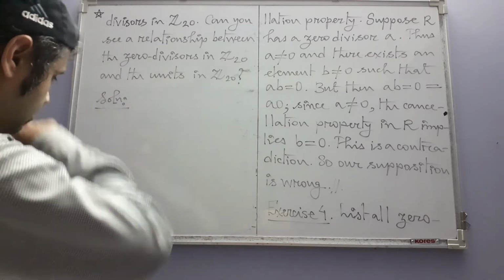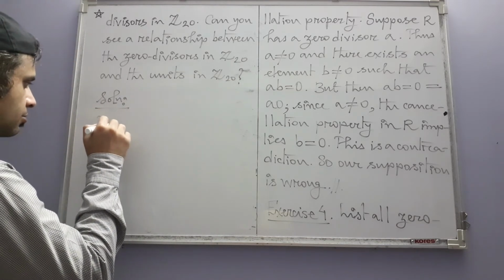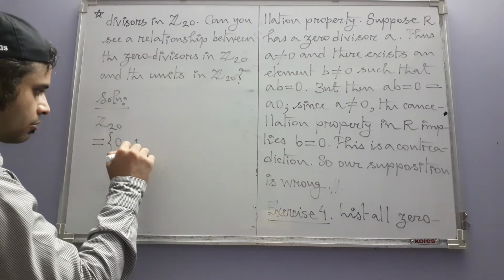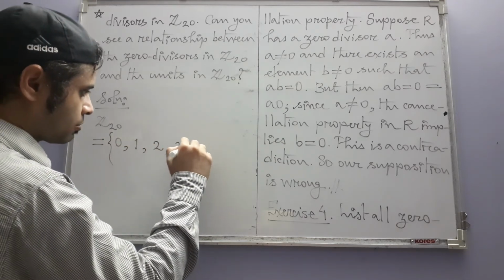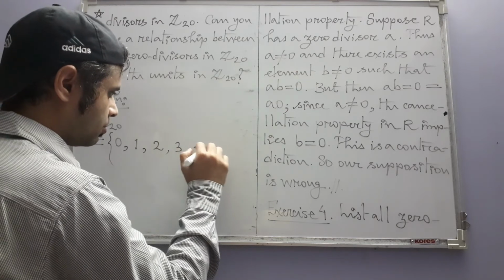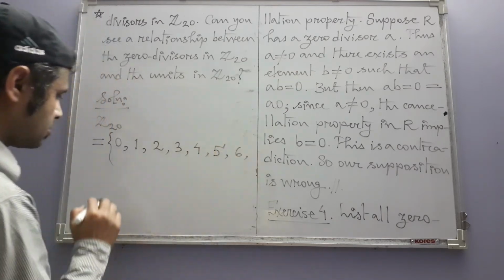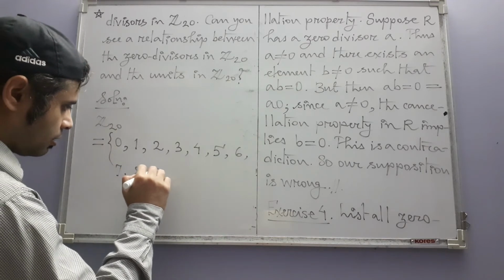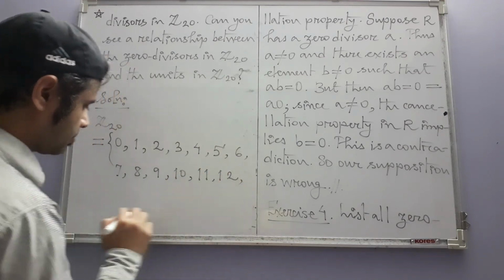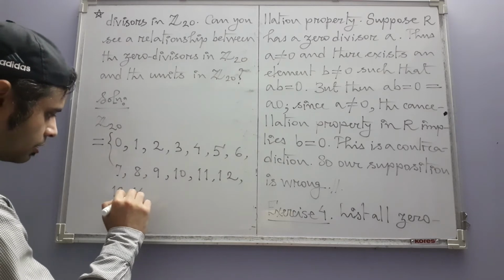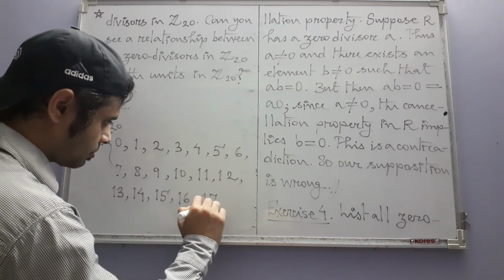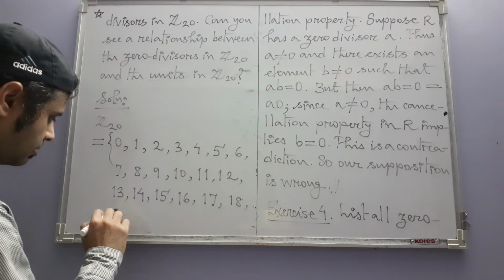So the elements in Z20 are just these integers: 4, 5, 6, 7, 8, 9, 10, 11, 12, 13, 14, 15, 16, 17, 18 and 19.